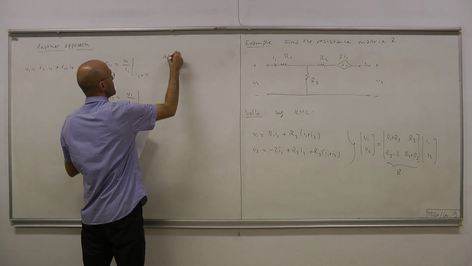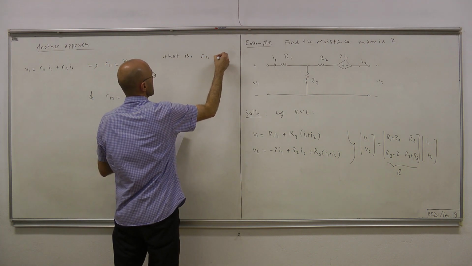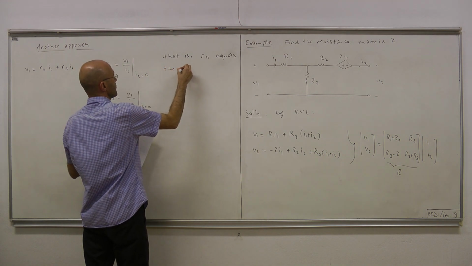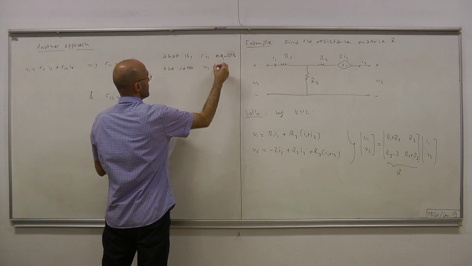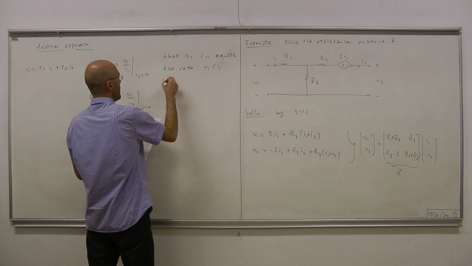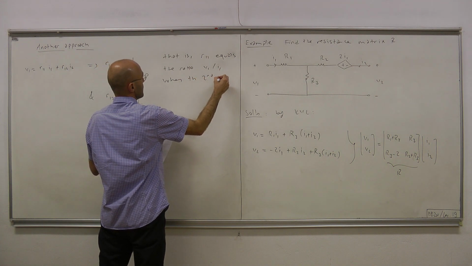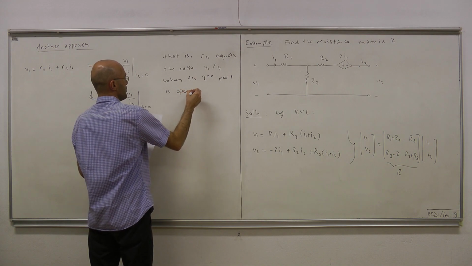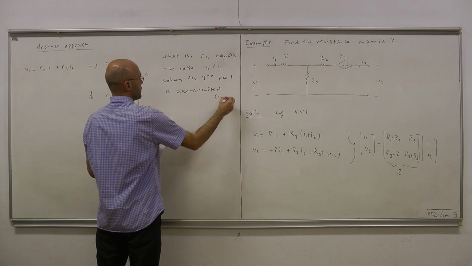So this means R11 equals the ratio V1 over I1, provided that the second port is open circuit. That is when I2 equals 0.